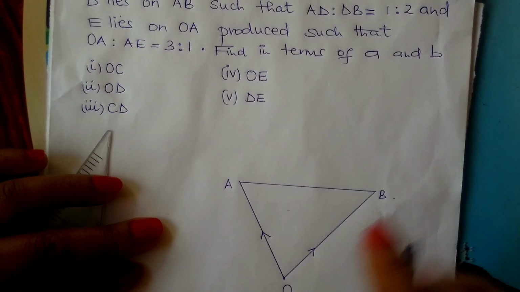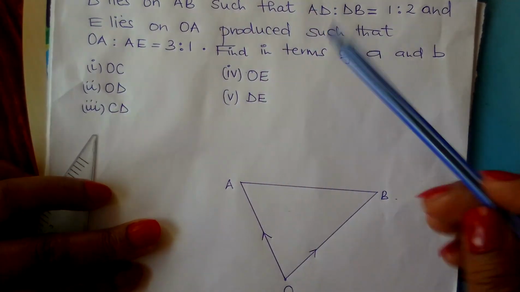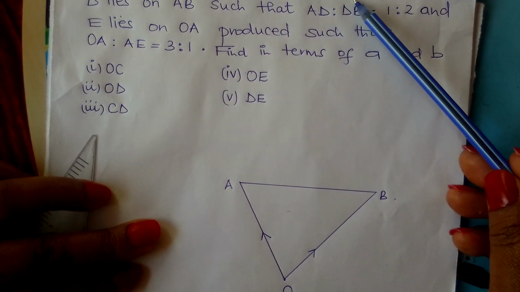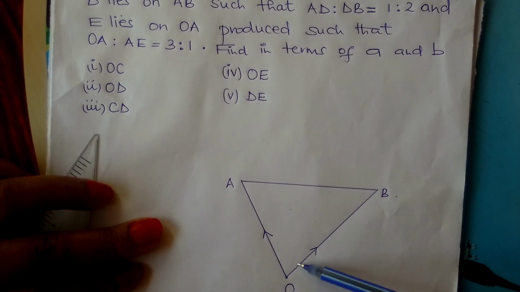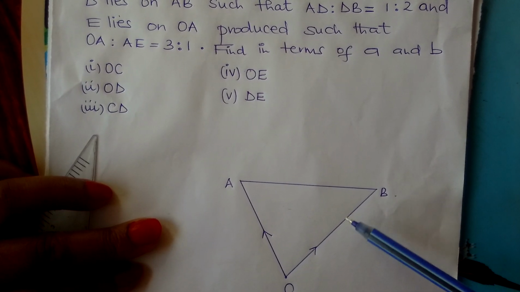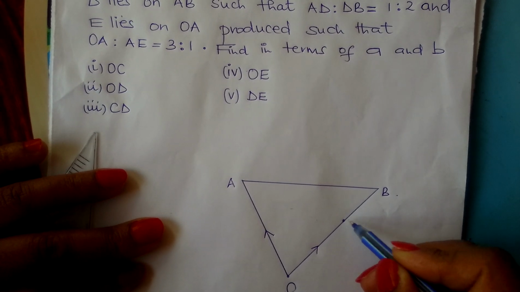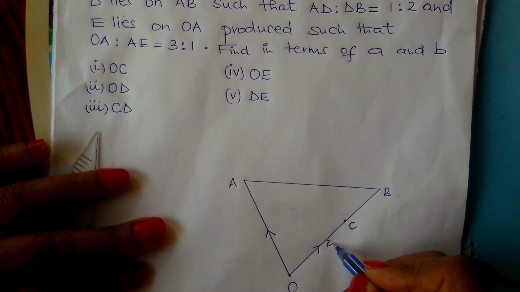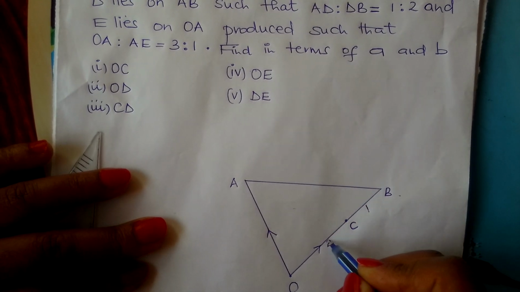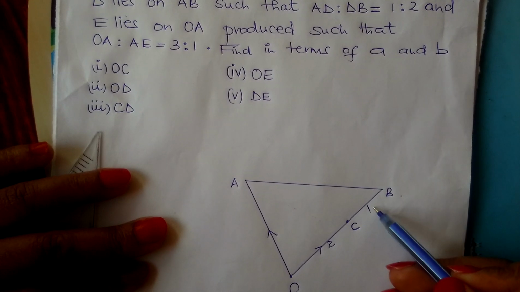Then you are told, learner, that C lies on OB such that OC is to CB is 2:1. C lies on OB. It lies here. C is a point along this vector here, such that OC is to CB is 2:1. Come and put your C here. See there? Let this be 2 and this be 1. Look at that, learner. OC is to CB is 2:1.